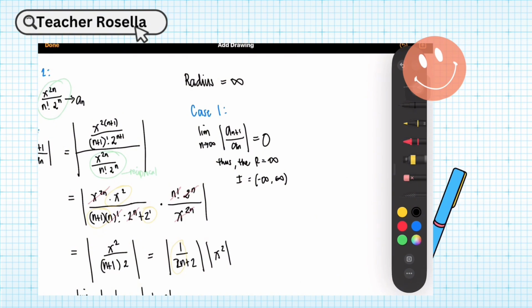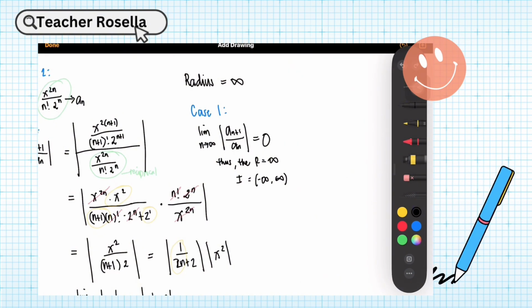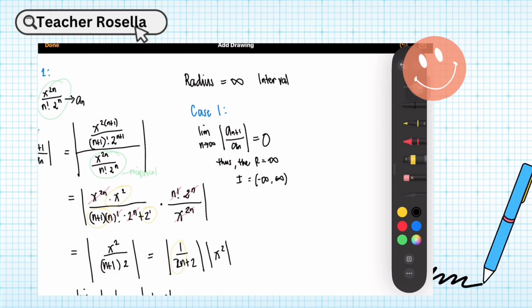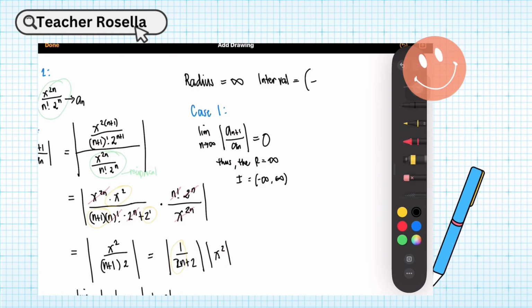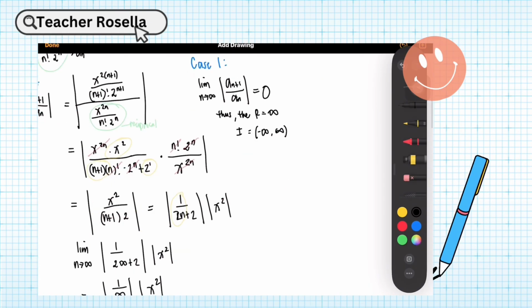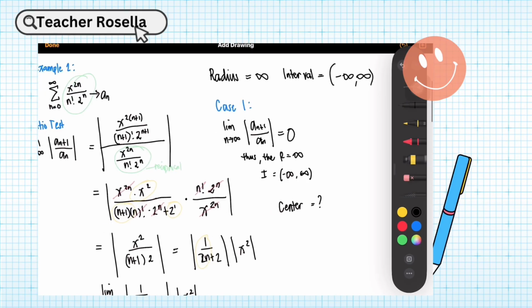So now our radius is infinity. And for our interval, we have negative infinity to infinity. And lastly, our center is just 0.